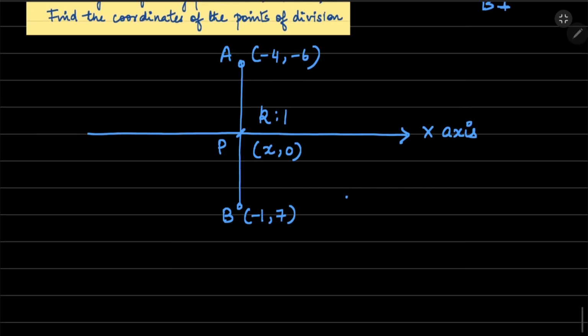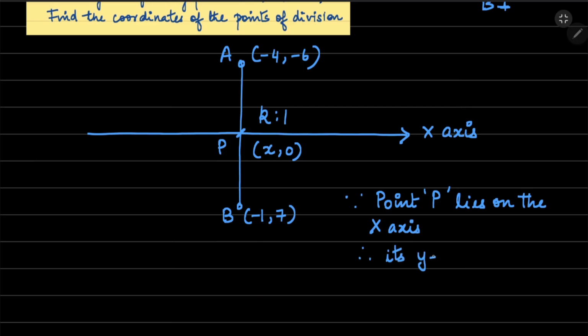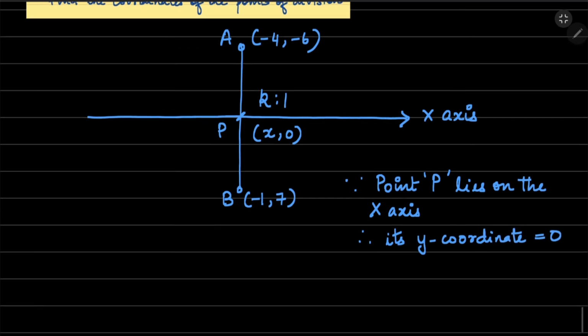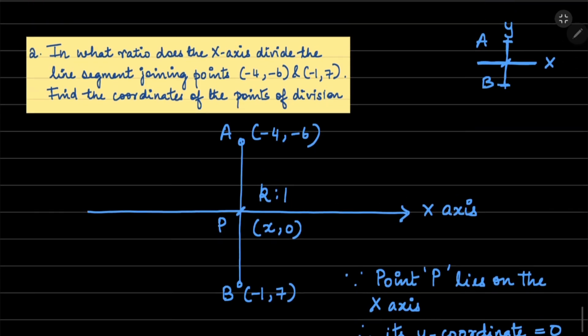Okay, you can write, since the point P lies on the x-axis, therefore its y coordinate will be 0. Y coordinate equal to 0. Okay, so this is something which you have to elaborately explain.